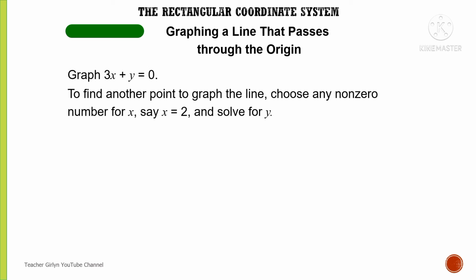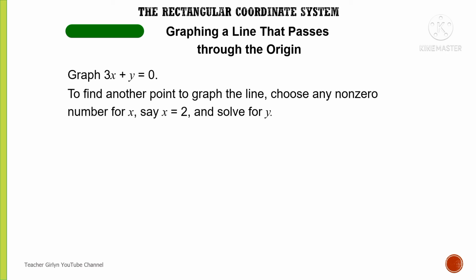Graphing a line that passes through the origin. Graph 3x + y = 0. Since this equation is passing through the origin, the first ordered pair is (0, 0). To find another point to graph the line, choose any non-zero number for x.